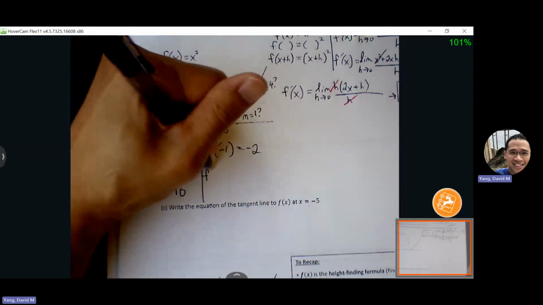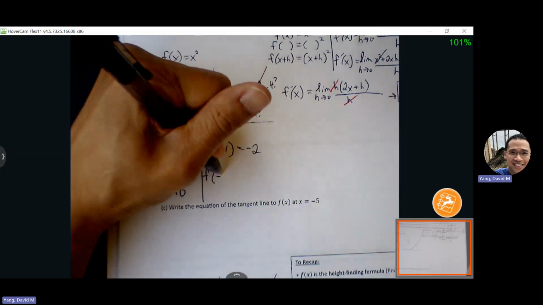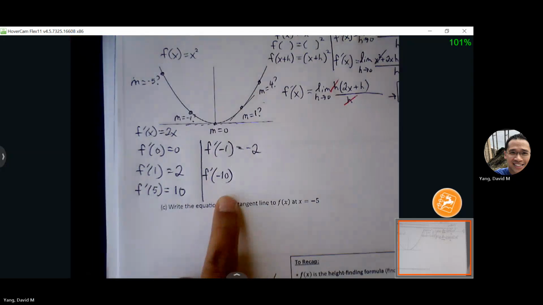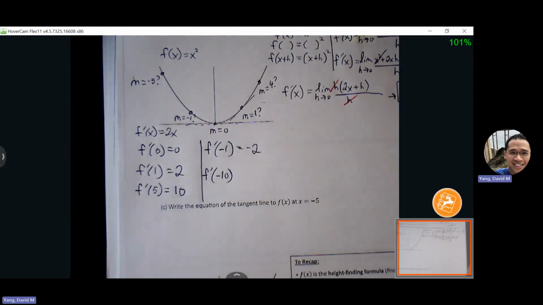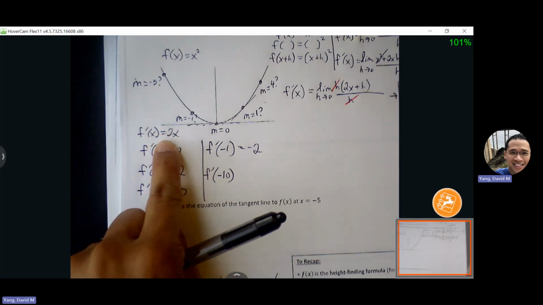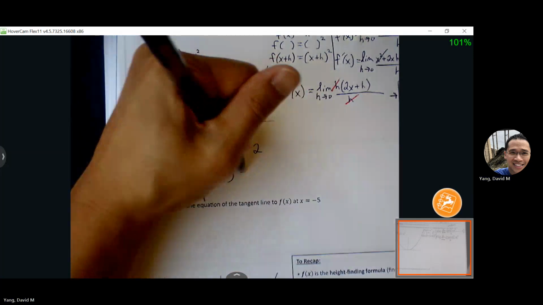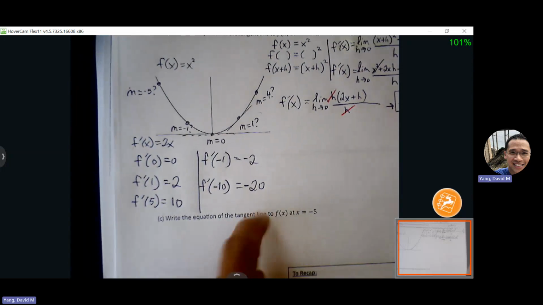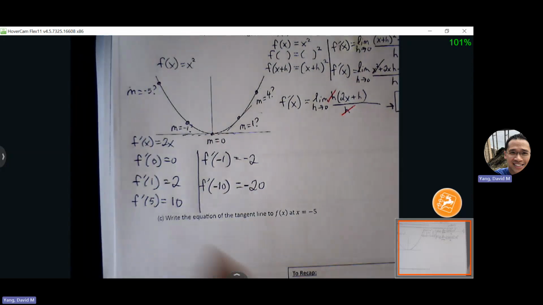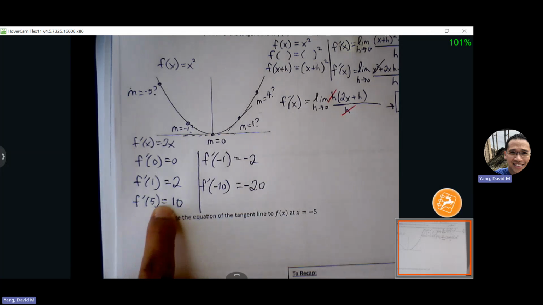Let's say f prime of -10. We expect this to be even steeper than f prime of 5, but in a negative direction. So if I plug -10 into my slope formula, I get what? -20, and we can be convinced of that as well. That makes sense because we expect a negative slope, steeper than this. Okay.